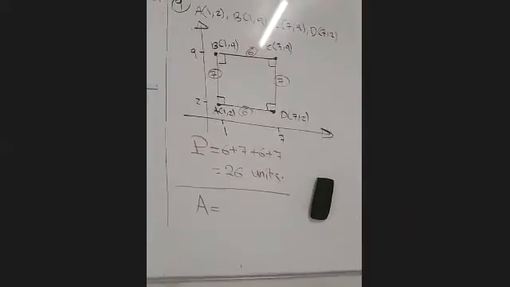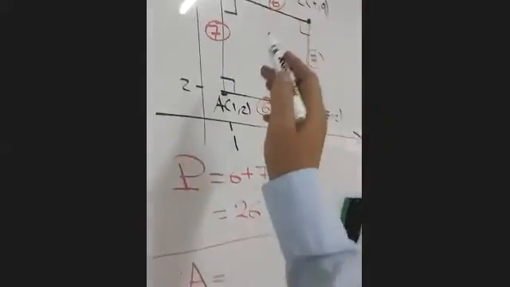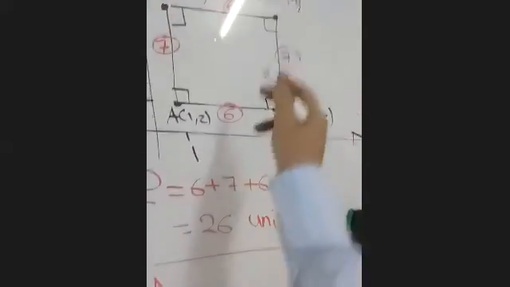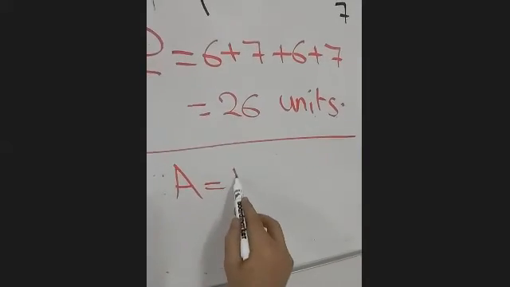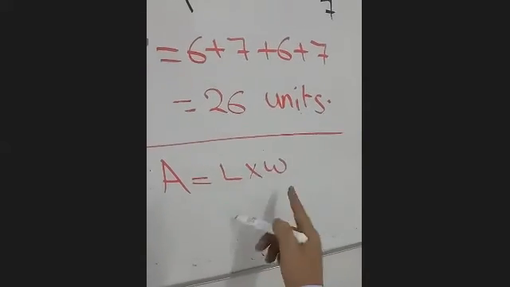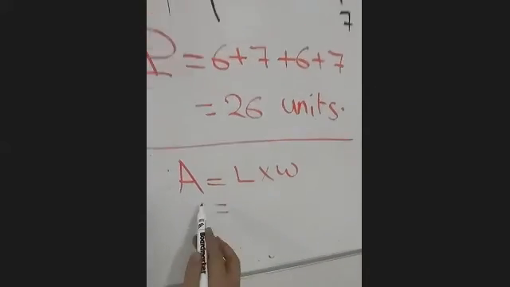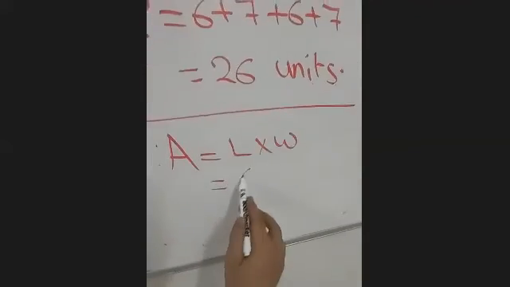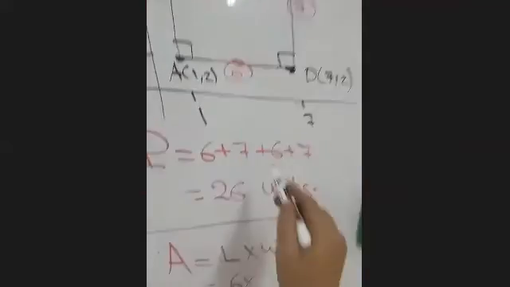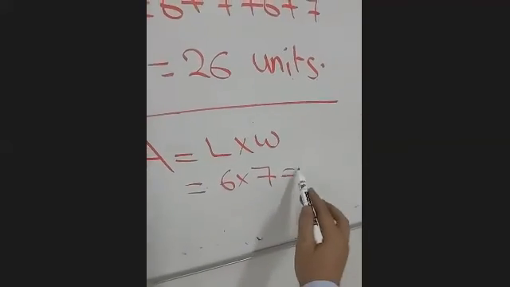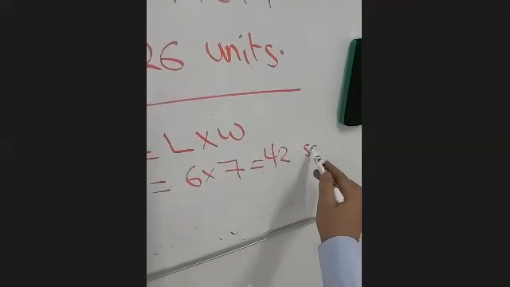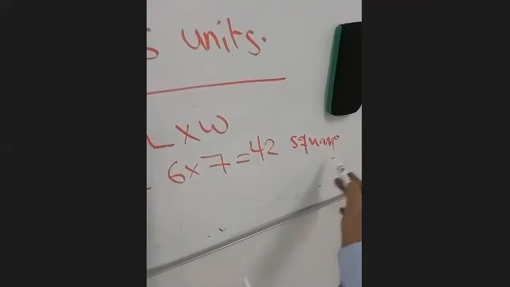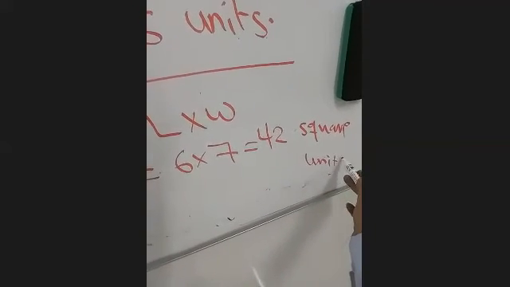How did you get 42? The area of the rectangle, guys, is the length multiplied by what? The width. The length is 6, multiplied by the width, 7, which is 42. 42 units squared, or you write units to the power 2.